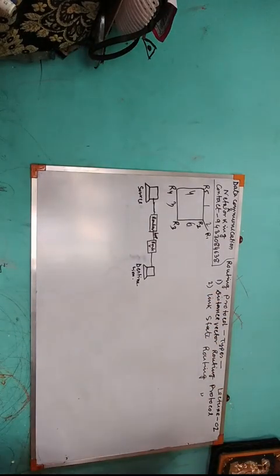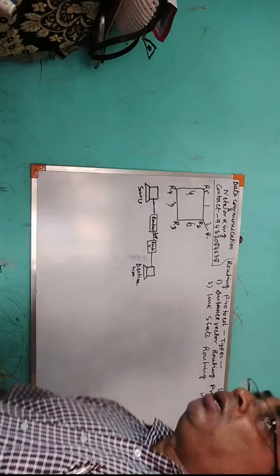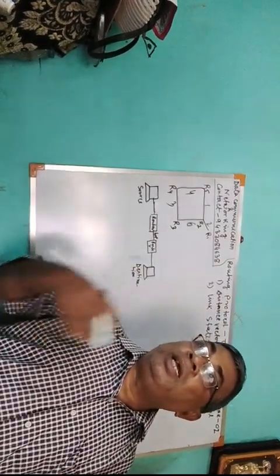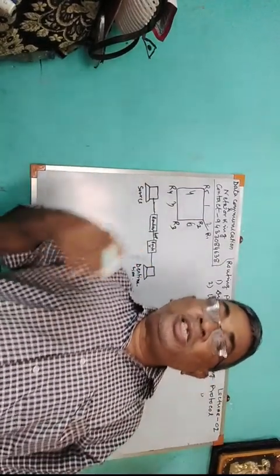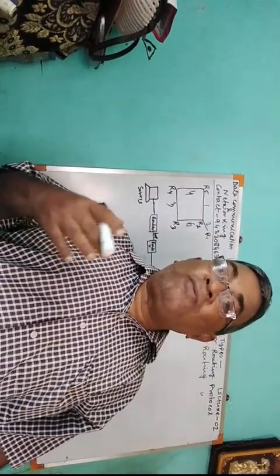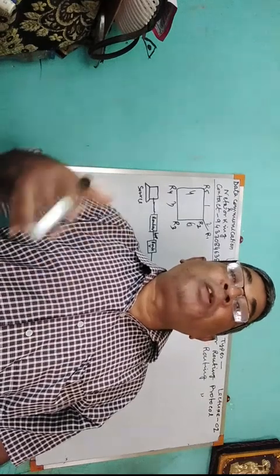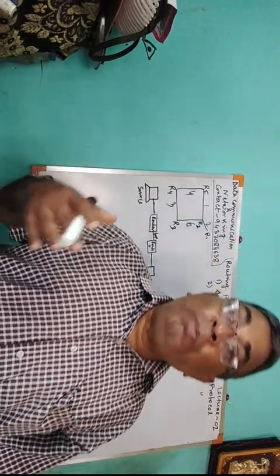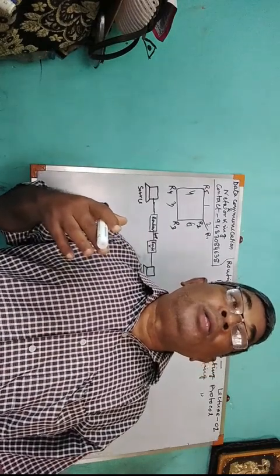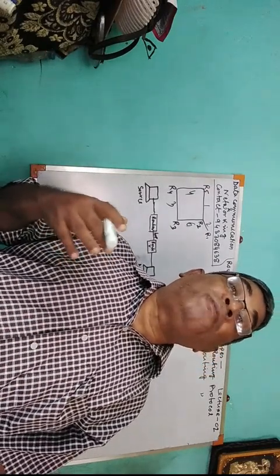So what is actually a routing protocol? Routing means finding the easiest path such that the packet is sent from source to destination. That is the optimum path, and the router will find the optimum path from source to destination.